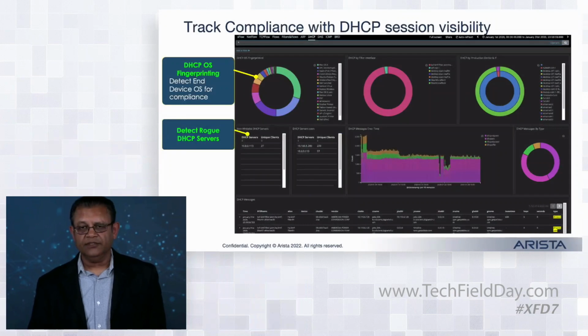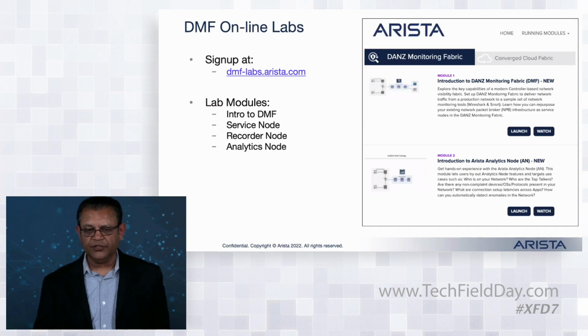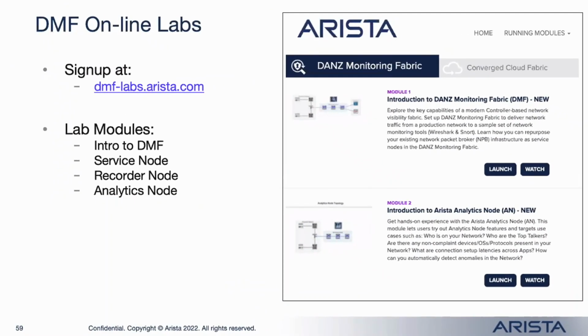Flow analytics is built in. It's a large-scale flow collector. You can get compliance. You can identify rogue DHCP and DNS servers, and things of that nature. So it enhances security by providing additional visibility to a broader set of traffic and locations that you have.